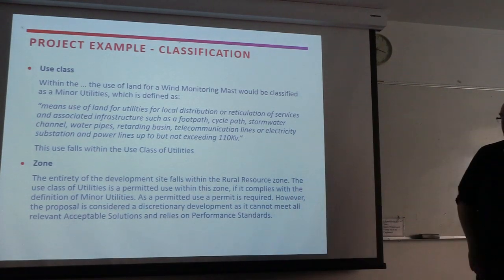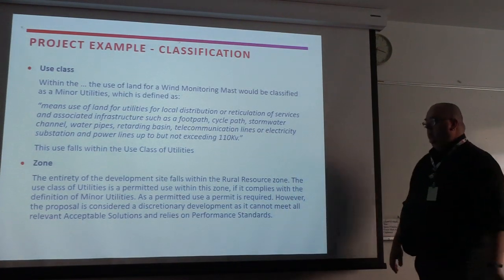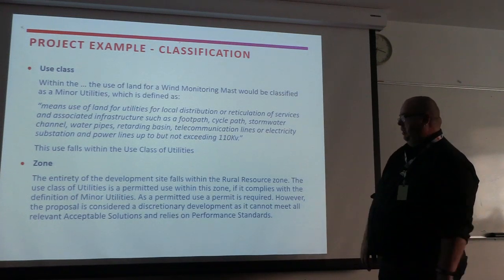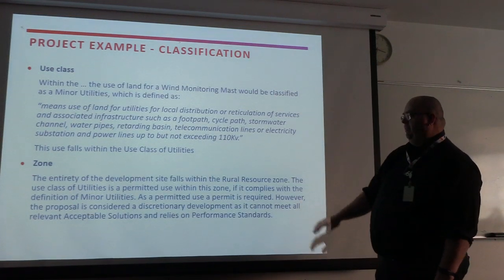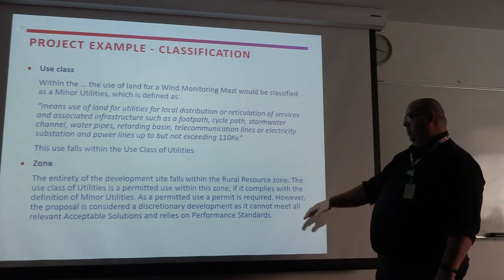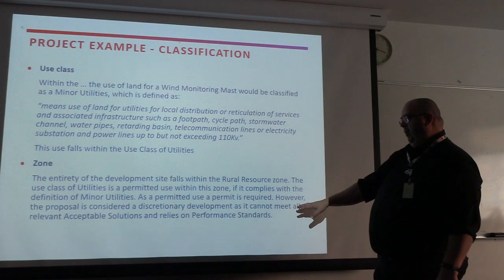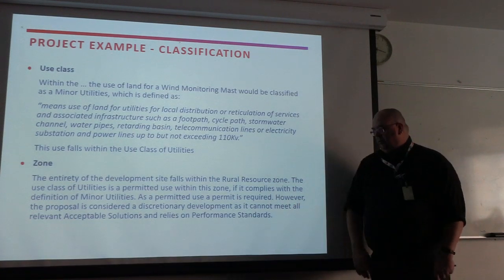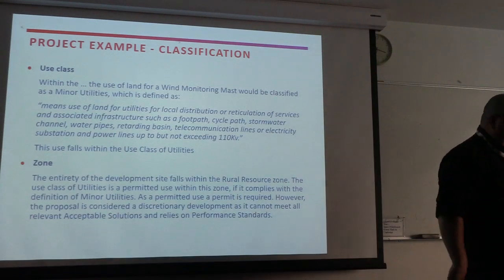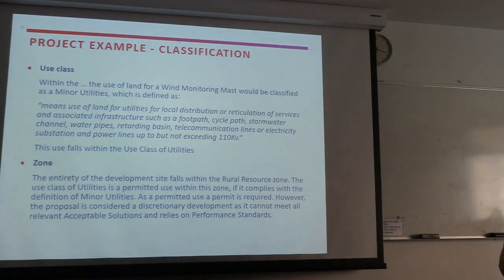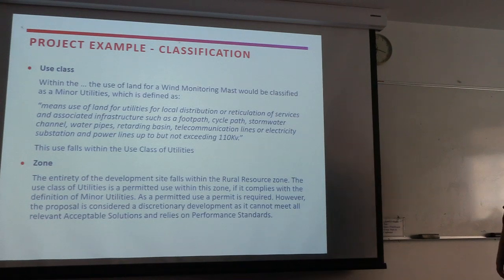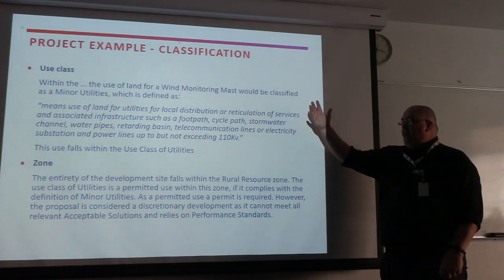In this case, in the rural resource zone, it's permitted. It complies with the definition of utilities, of minor utilities. However, it's discretionary as it cannot meet all the relevant acceptable solutions, one of which was a height limit. Not many things will have a height standard of 110 metres. So, fairly standard.